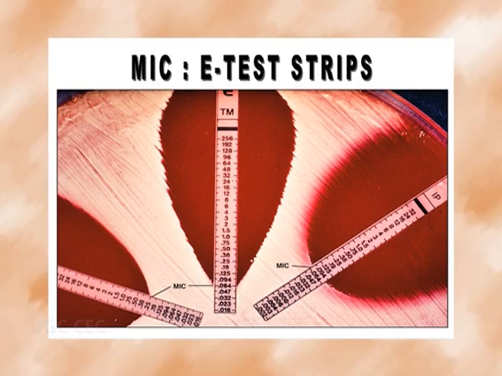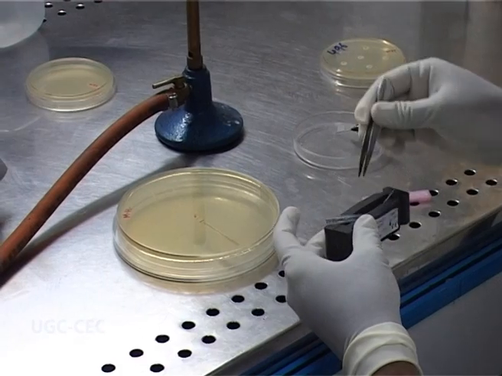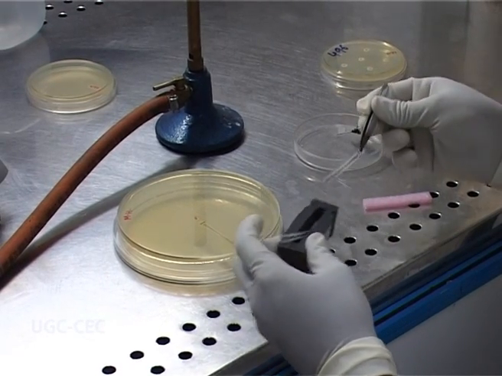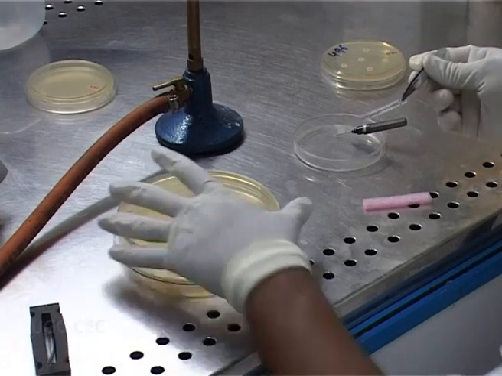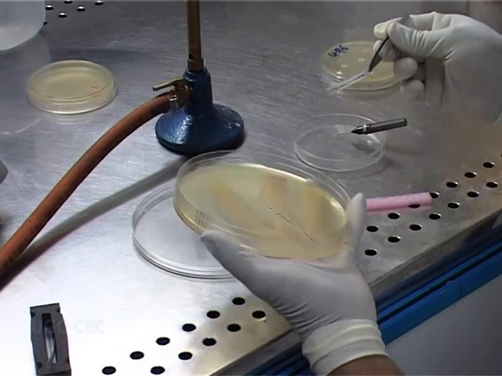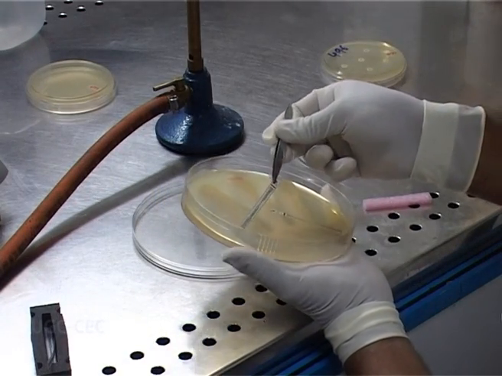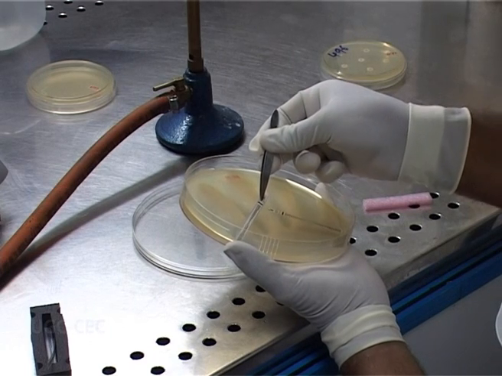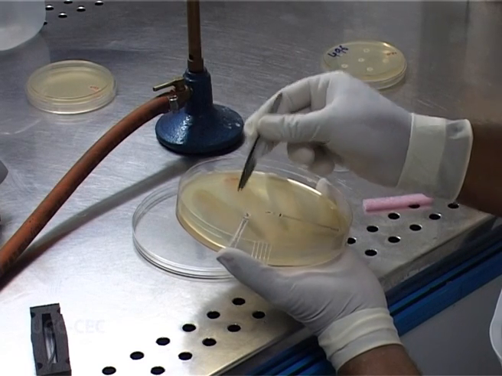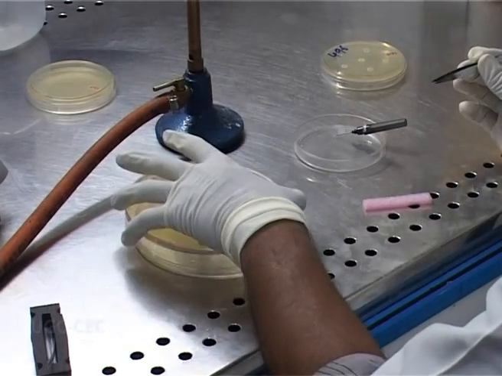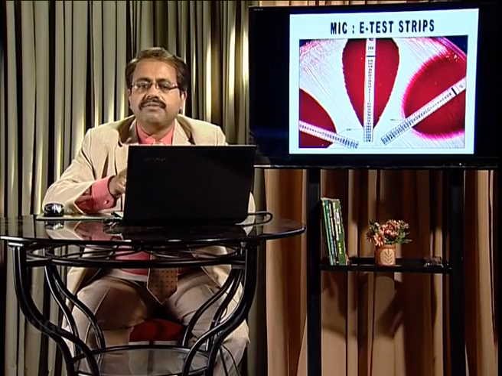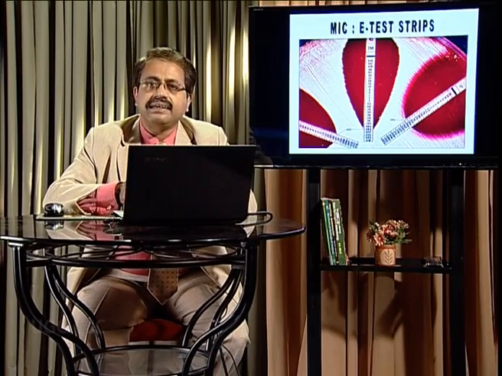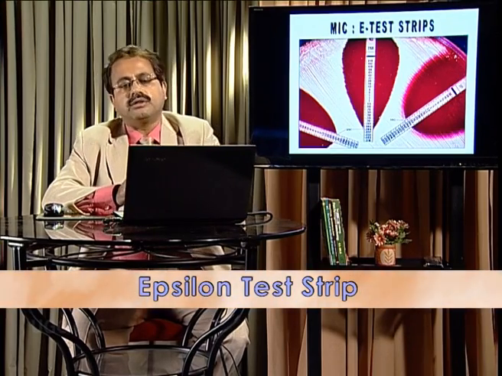But this is a more sophisticated technique. It is the E-test strip, which is impregnated with a gradually increasing concentration of the antibiotic. There is a gradient of the antibiotic on each E-test strip. Each E-test strip is for a particular antibiotic, and there will be a zone of inhibition which is elliptical in shape. That is why it is called the epsilon test strip.